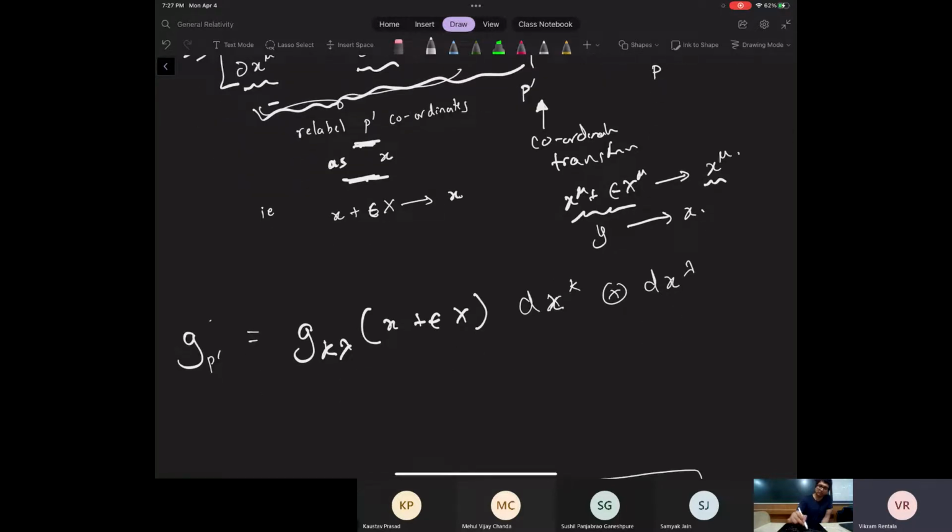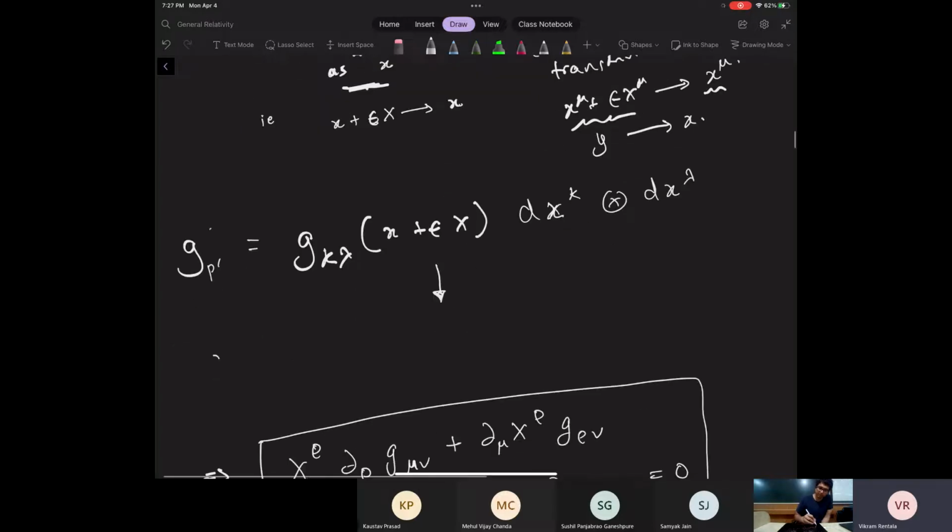What we are doing when we pull back, or when we change coordinates, is we are changing this to a tensor. Sorry, I should also be a little careful.